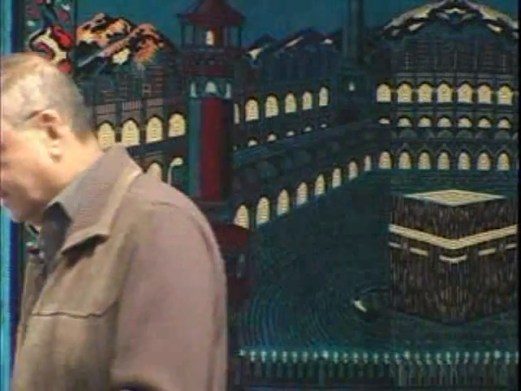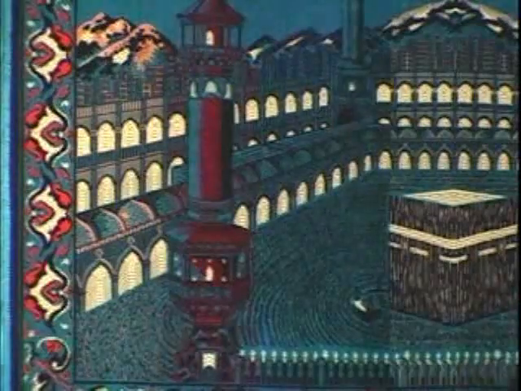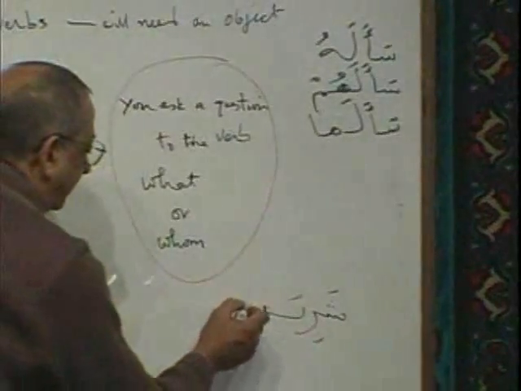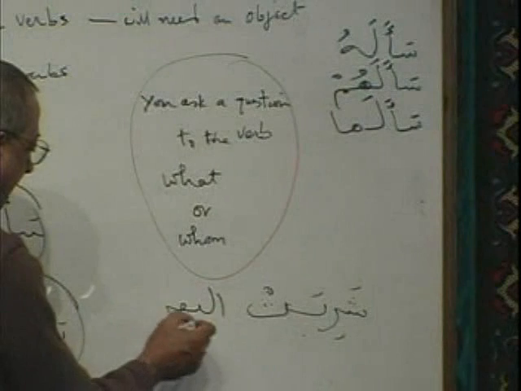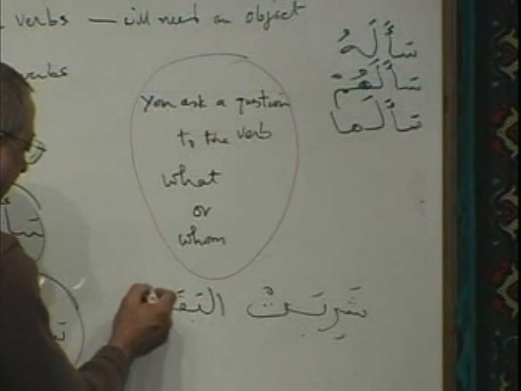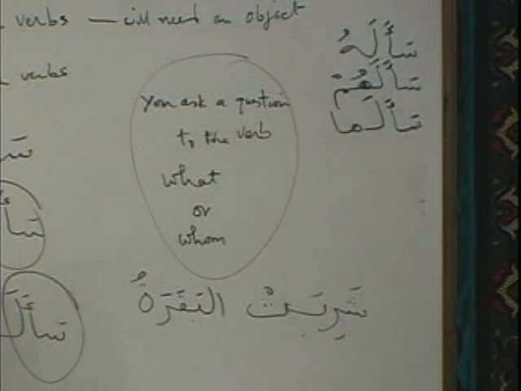Sister Sukhaina? Sharibatil bakaratu al-ma'a. Now why do you say sharibatil? Because there are two sukuns. Brothers and sisters? Look at this. It comes in the lesson later on. Sharibata, and then al bakaratu. Are you with me?